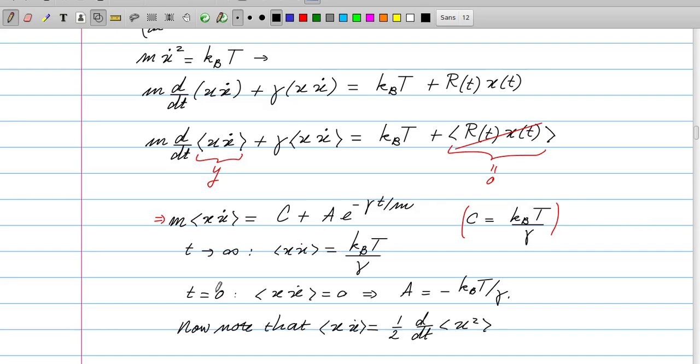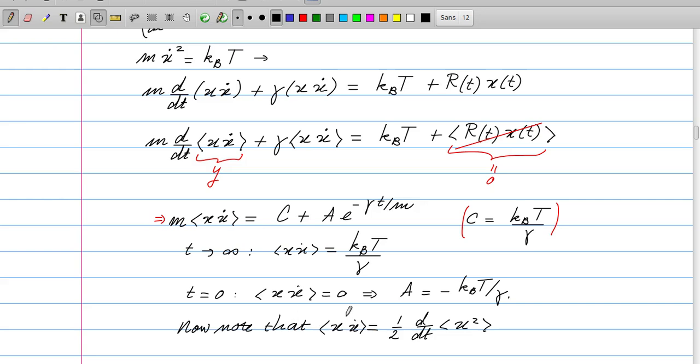If the time is taken at 0, then obviously this quantity should be 0, because x is the displacement from its position at 0. And from that I find that also the a is minus kBT over gamma.